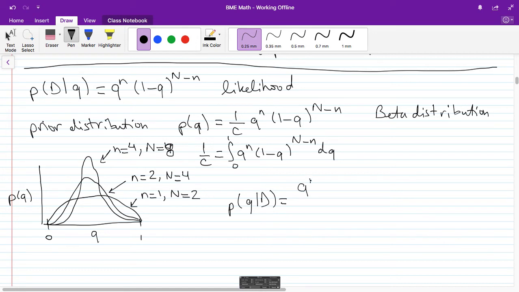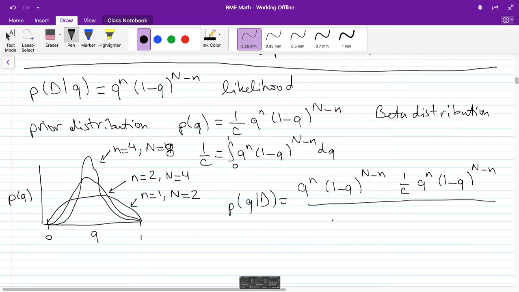It's q^n (1 minus q)^(N minus n), times the prior, which is 1 over c, q^n (1 minus q)^(N minus n), divided by the joint, the marginal, which is the multiplication of this times this, integrated over all the data. So it's going to be from 0 to 1.